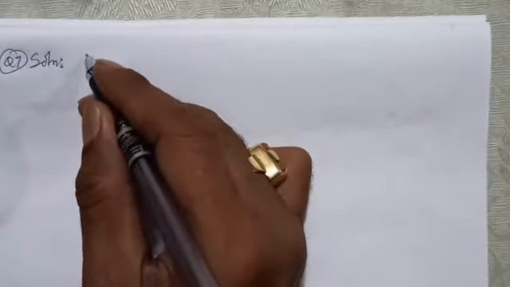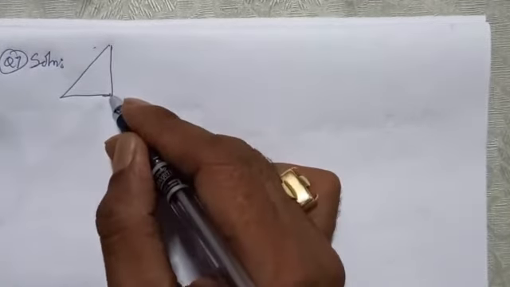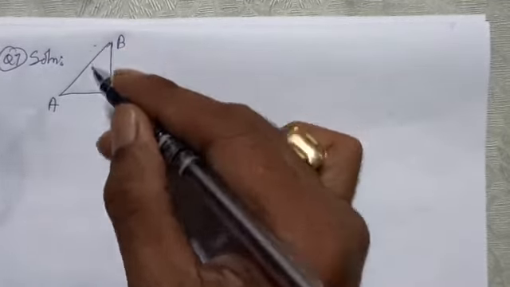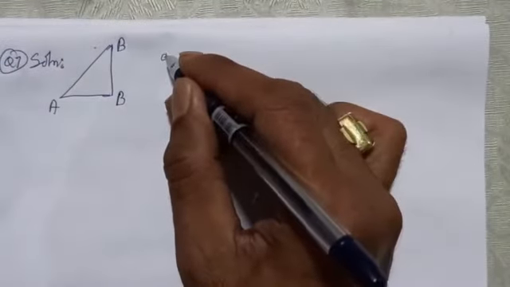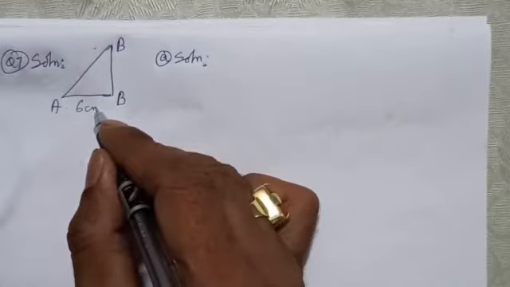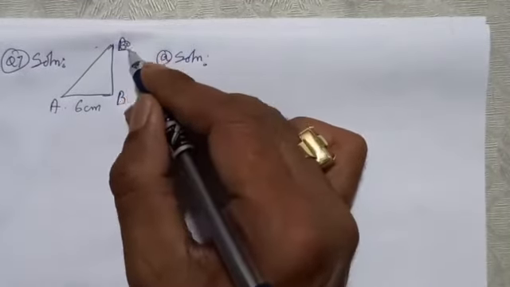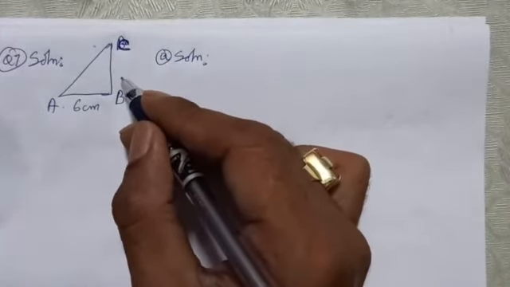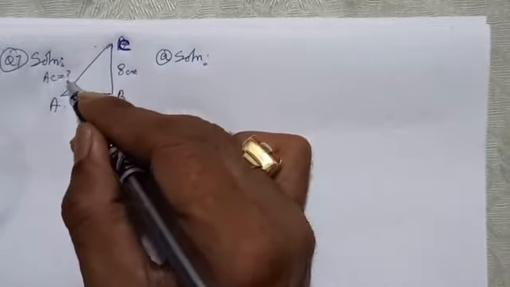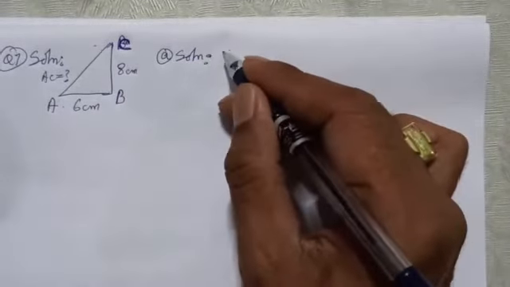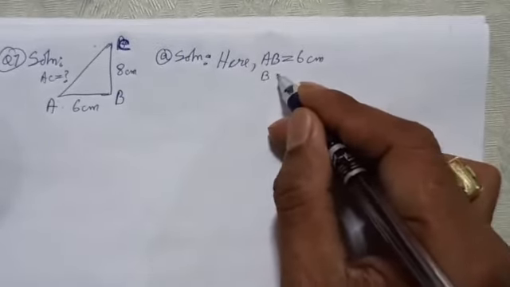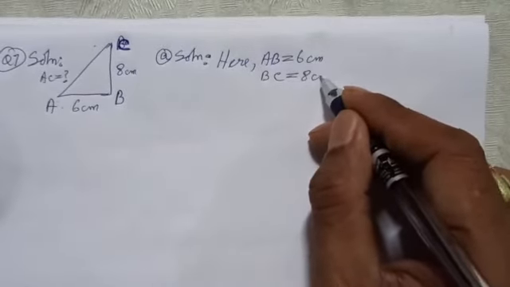Let us suppose that this is the right angle triangle and 90 degrees at B. So let us suppose that this is A and this is B. In question number A, it is given that AB length is 6 cm and this must be C. BC is 8 cm and we have to find out AC.